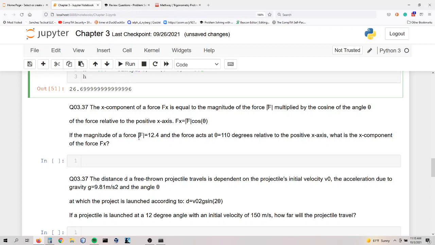If the magnitude of the force is equal to 12.4 and the force acts at theta equal to 110 degrees relative to the positive x-axis, what is the x component of the force F_x?